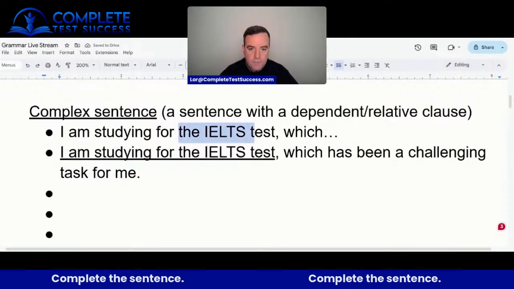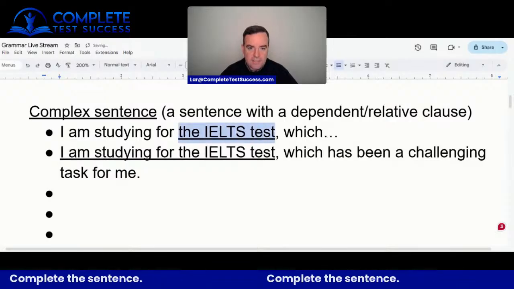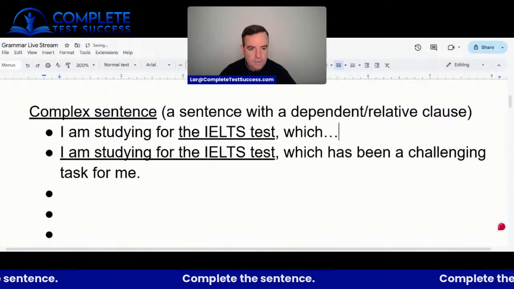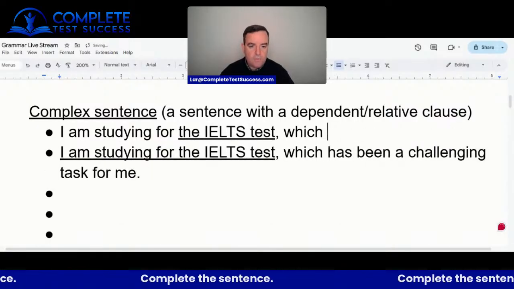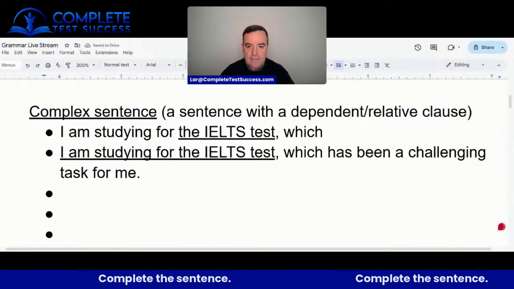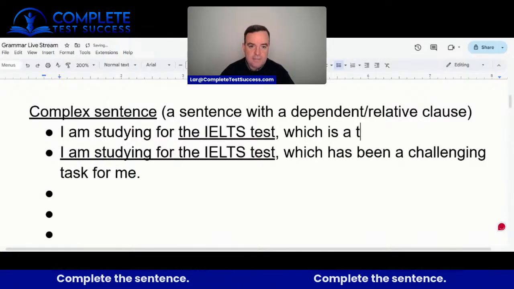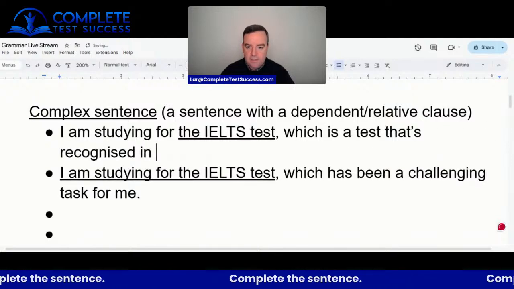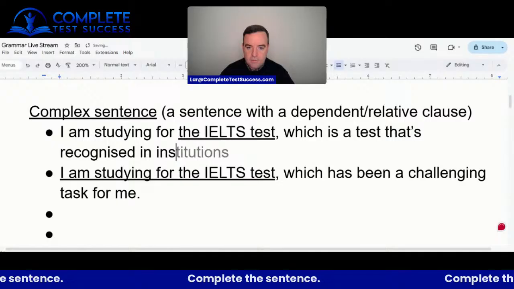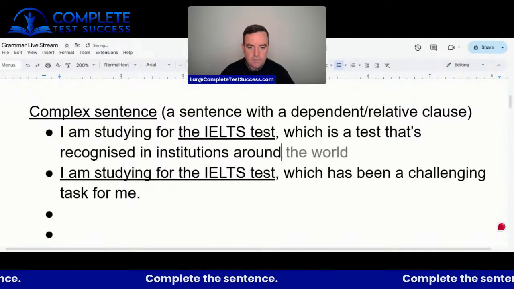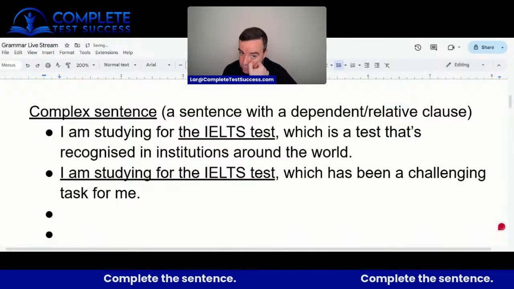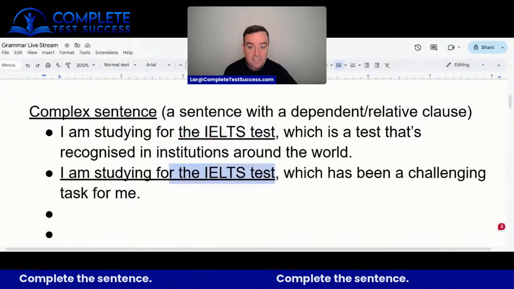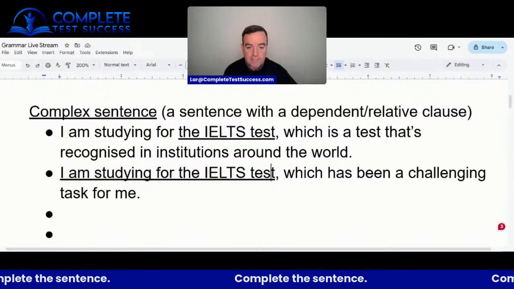But we could also use it just to talk about the IELTS test, which is a test that's recognized in institutions around the world, like that. So the word which can refer to the IELTS test or Reza studying for the IELTS test. Both of those are acceptable.